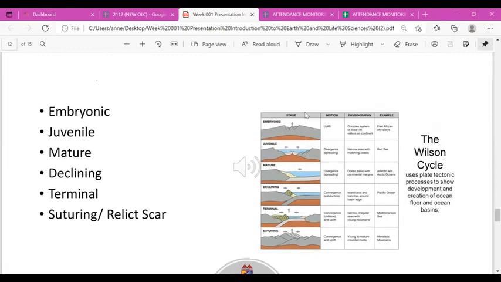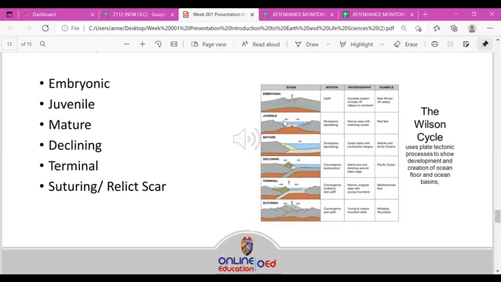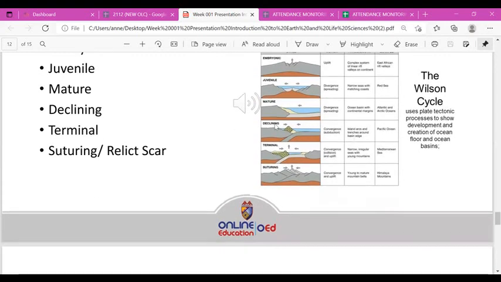Opo. Yan po yung nangyayari doon sa may seafloor po natin. Nagkakaroon po ng tension kasi nga meron kang materials here. Okay? The narrow seas with matching coast. Narrow seas and then the coast here. And one of the best examples of this is the Red Sea. After the juvenile, you have the mature.